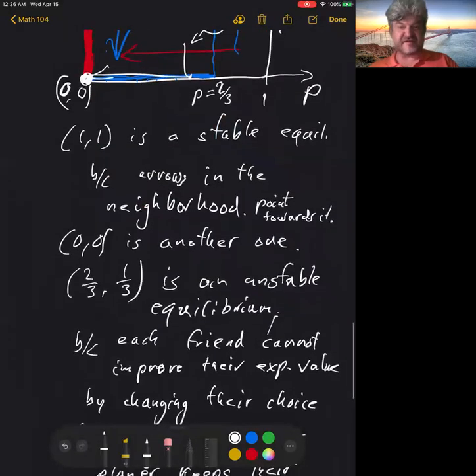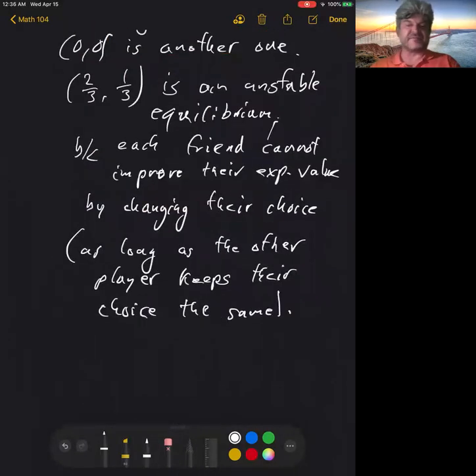Okay, so that's the friend example. And I'm thinking the other examples work exactly the same, with one exception: sometimes this comes into play, that probabilities have to be between 0 and 1.